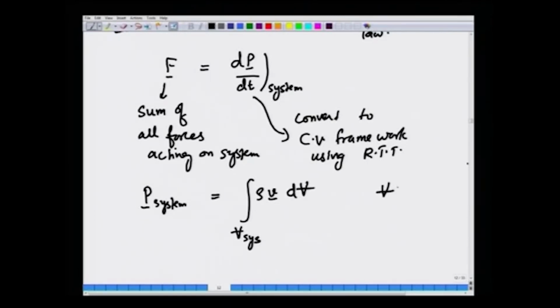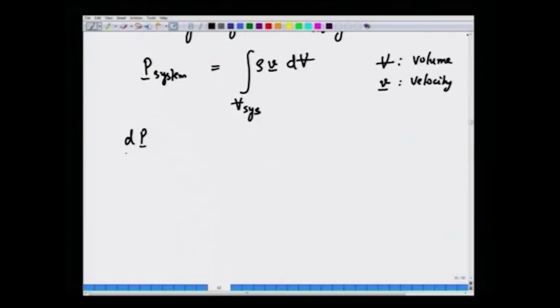In our lectures, V with a cross is denoted for volume, whereas V is the symbol denoted for velocity, and since velocity is a vector, I am denoting it with an underscore. Now, first of all, Newton's second law says dP/dt for the system is the sum of all forces, and we know what is P for a system.